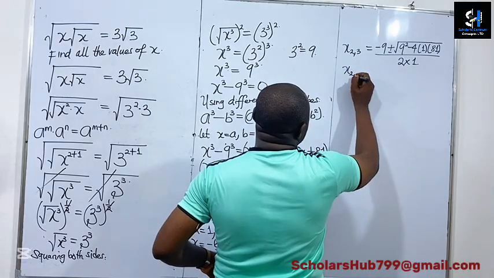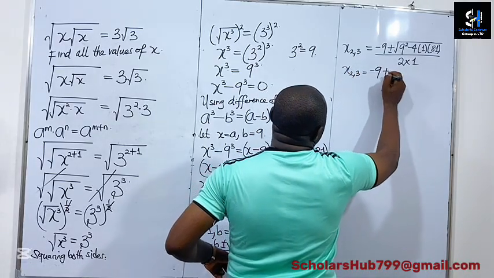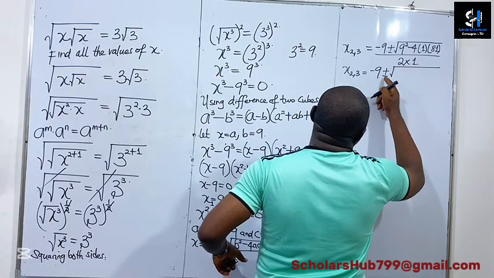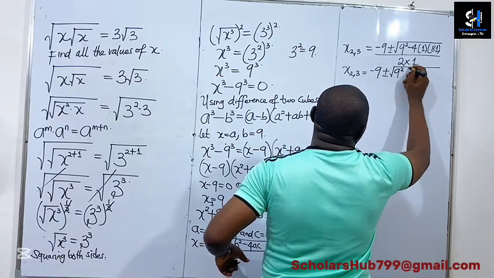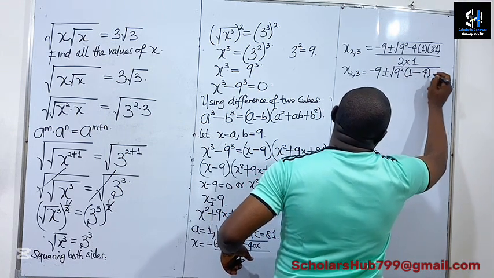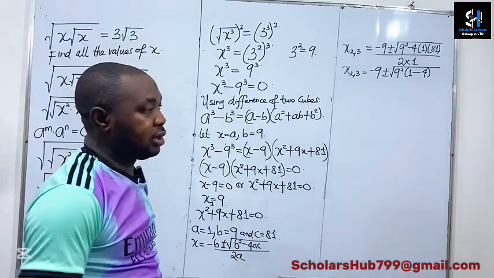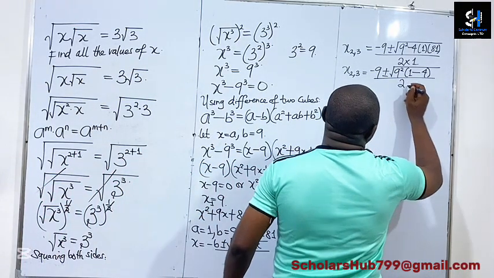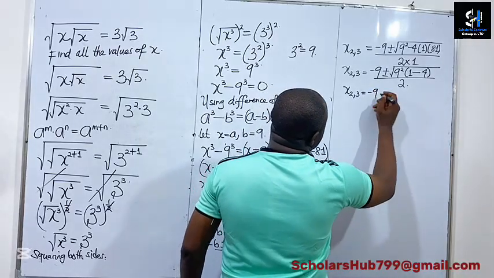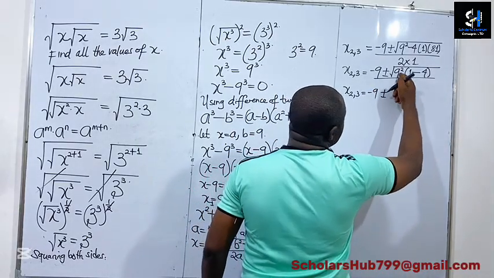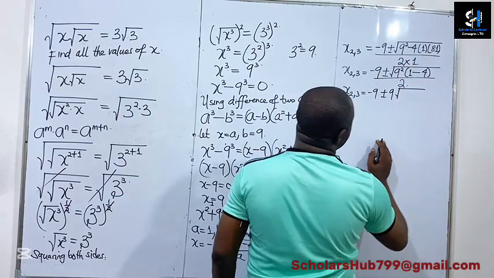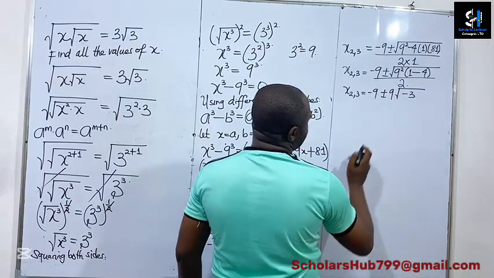Because 81 is 9 squared, x2 and x3 will be equal to negative 9 plus or minus the square root of 9 squared times the quantity 1 minus 4, all over 2. So the square root of 9 squared is 9, then root of 1 minus 4, that will be minus 3, divided by 2.